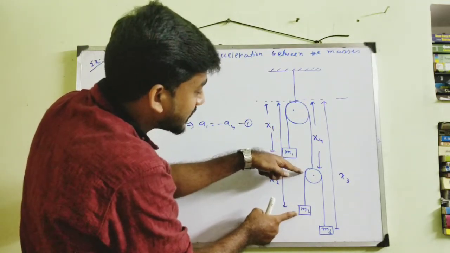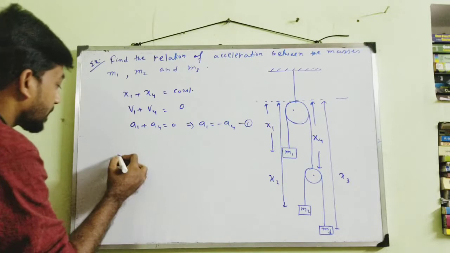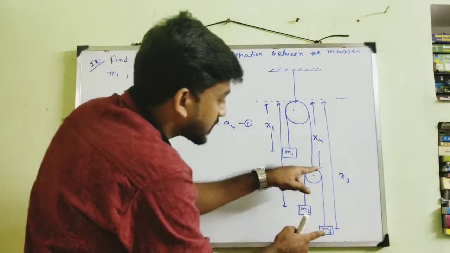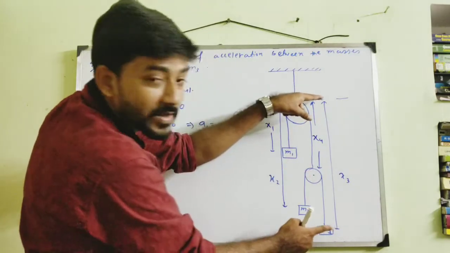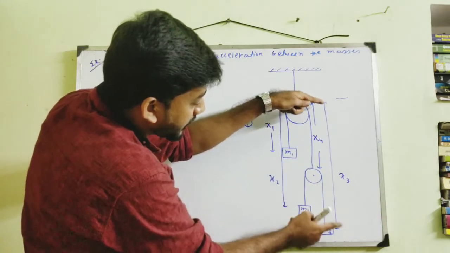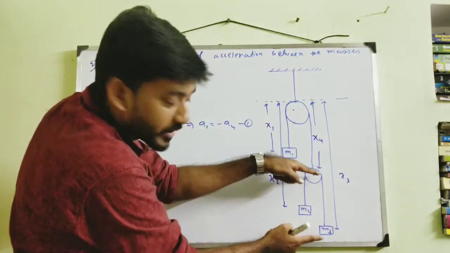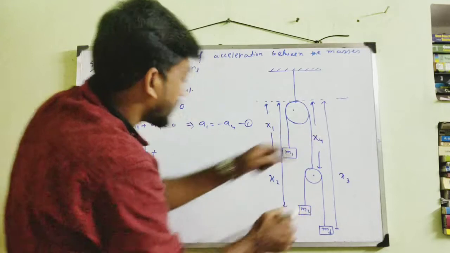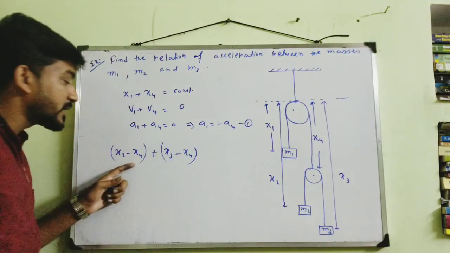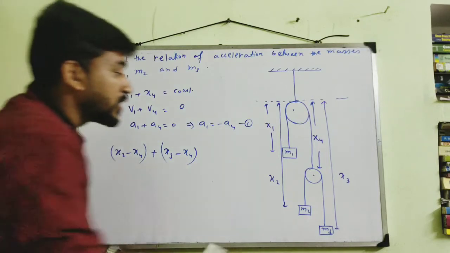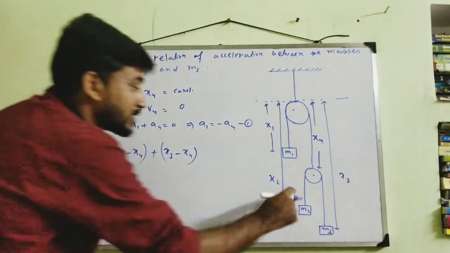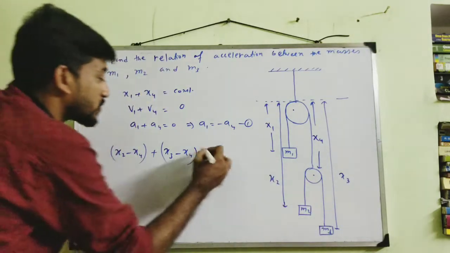Plus this length: from the reference line this is x3, and if we subtract x4, we get x3 minus x4. So x2 minus x4 plus x3 minus x4 gives the total length of this string, which is again constant.